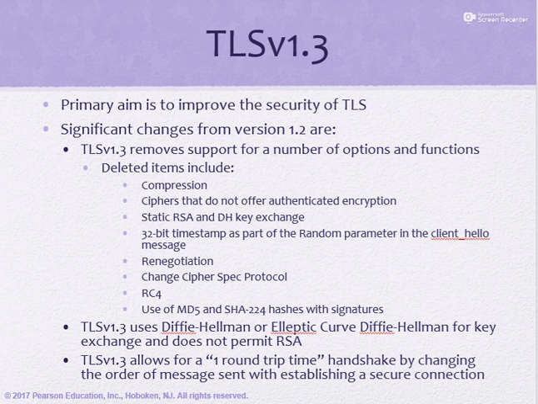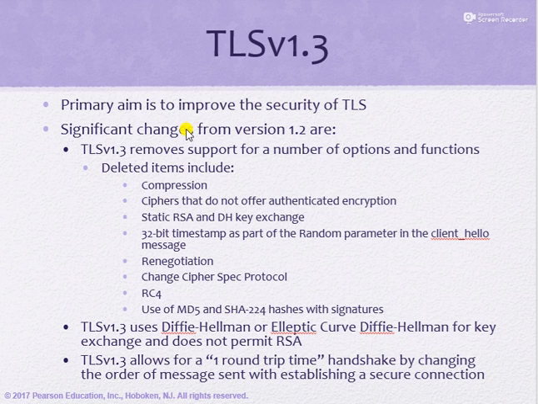Okay, the current version that is being used for TLS is TLS version 1.3, which is obviously an improvement on the previous version, and it improved the security of TLS overall. There are significant changes in TLS version 1.3 from version 1.2.